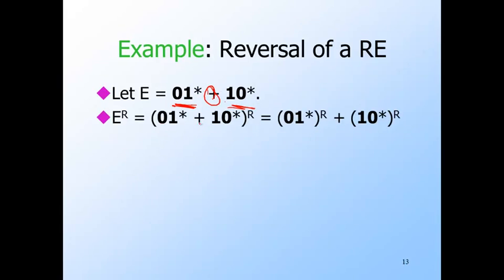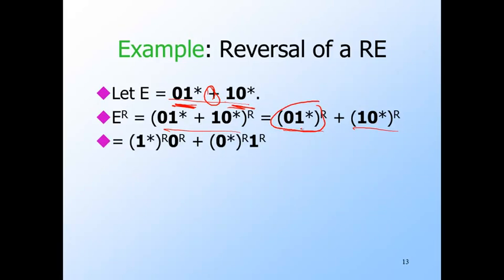That is, the reverse of this whole expression is the reverse of the two parts separately. Now let's look at one of the expressions, 01 star. We have to reverse it.